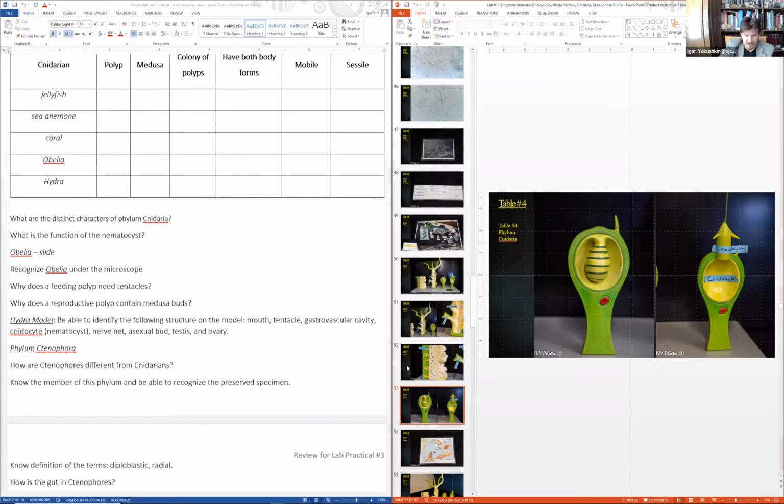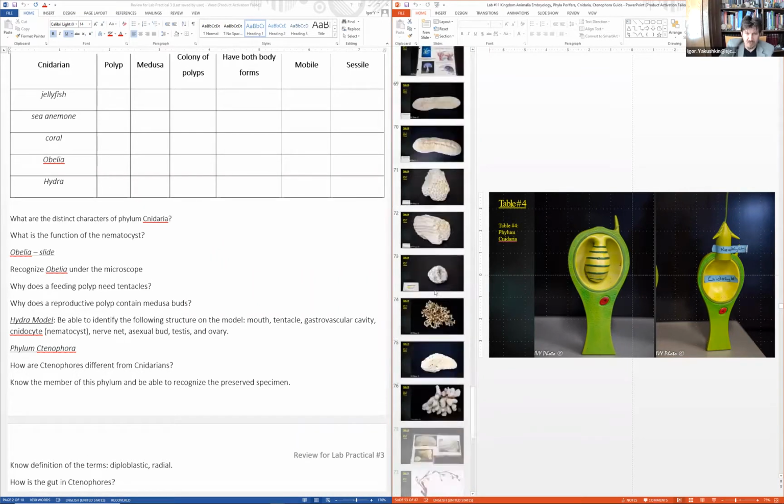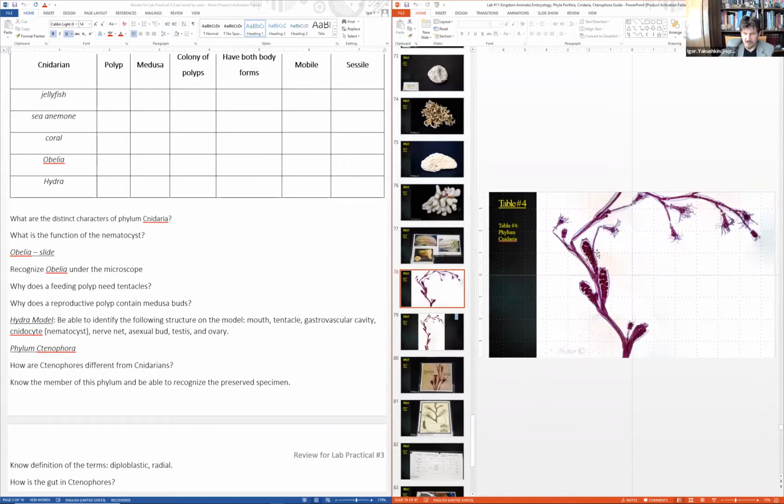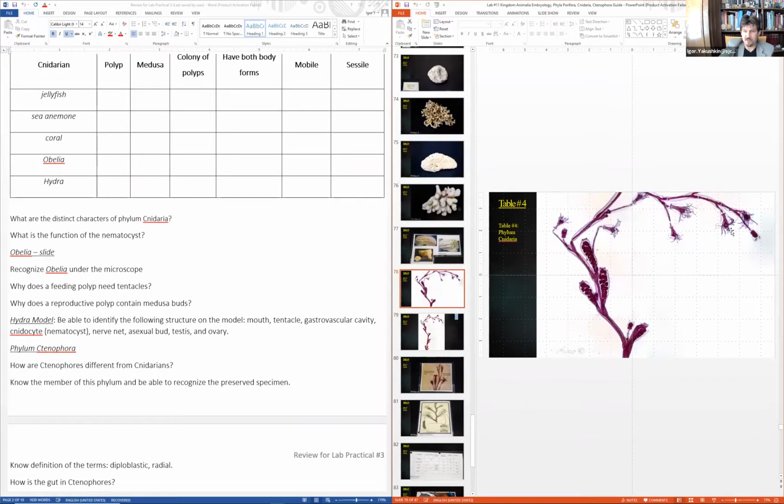Obelia slide. I have a wonderful combo slide of Obelia somewhere. Oh, right here. As you can see, a colony of polyps, and the colony of polyps has two different parts. The feeding polyps, with tentacles, to capture and eat and digest, and then throw up whatever is not digested.